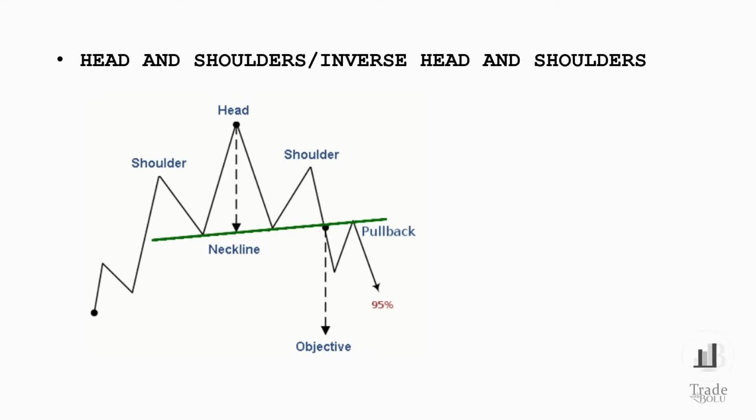So we have the head and shoulders and inverse head and shoulders. This is an example of the head and shoulders. For example, you have the first shoulder, the second shoulder, and then this is the neckline. We usually take the distance from the head to the neckline. Pardon my drawing, really.